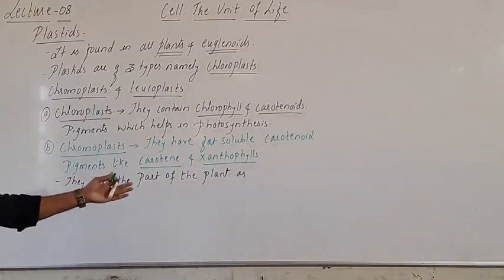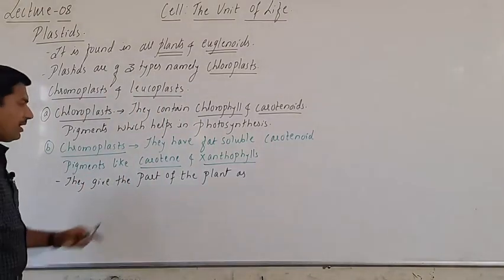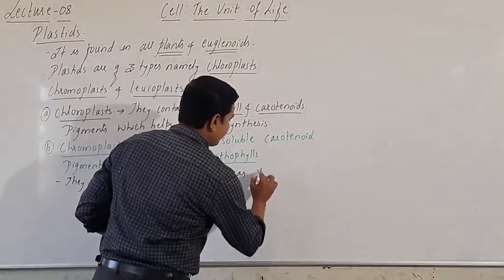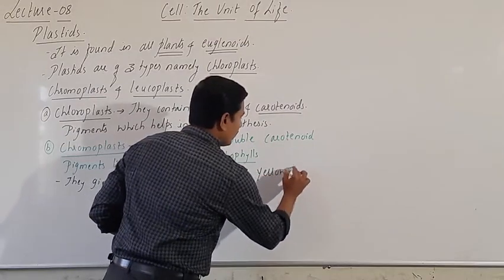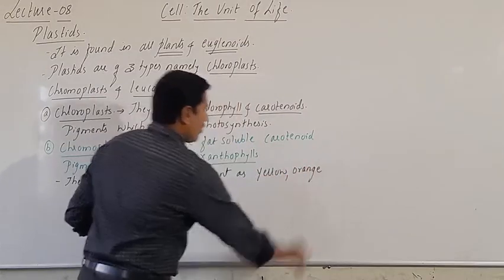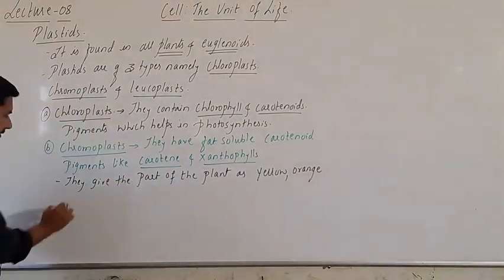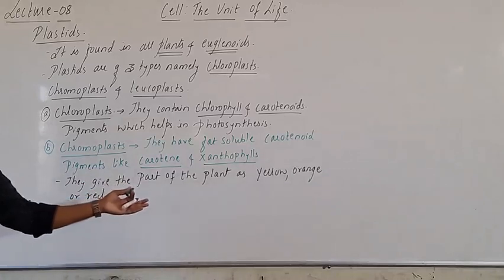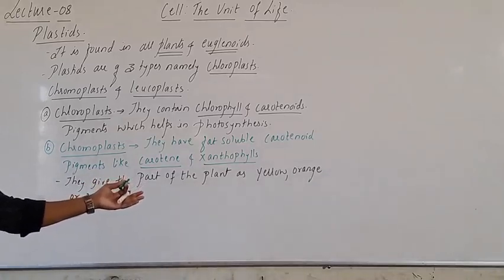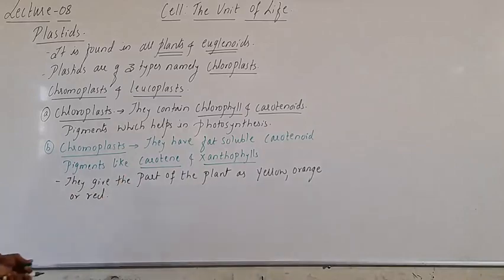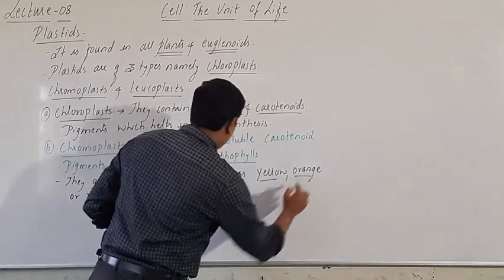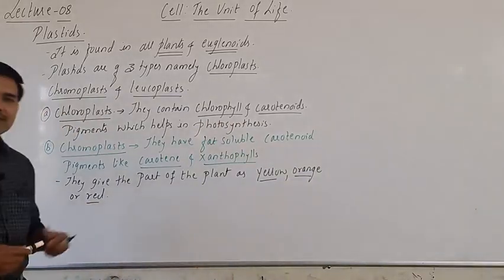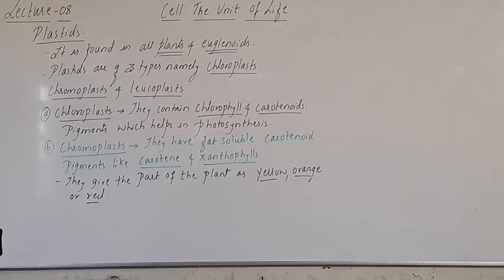Which colors? Yellow, orange or red. Look at these colors. They give all these colors to the parts of the plant, so it might be a yellow color, orange color or red color. This is regarding the second one, the chromoplast.